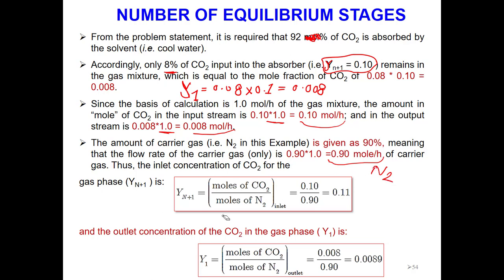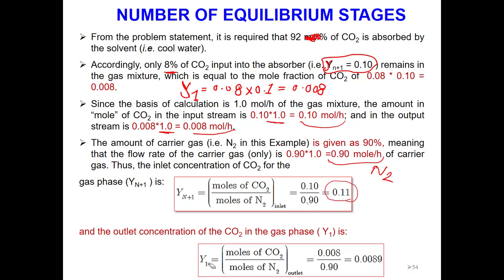By knowing this, we can calculate the capital Y using this equation. Capital Y is the mole of CO2 divided by mole of carrier gas. So the mole of CO2 is 0.1 divided by mole of carrier gas, which is 0.9. So we can put this in this equation and find the capital Y.